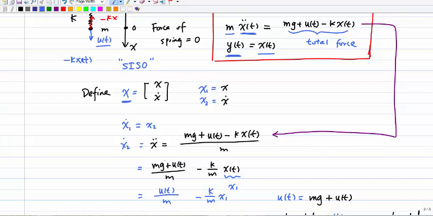And mg plus u t I represent by a blue u sub t, as mentioned earlier. This makes it a little simpler.